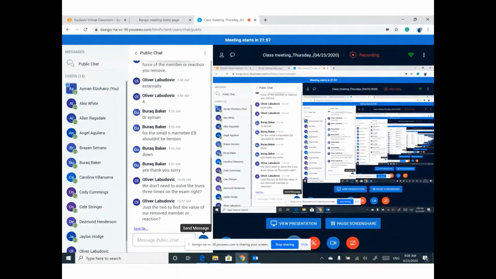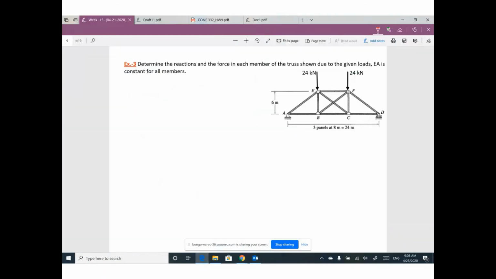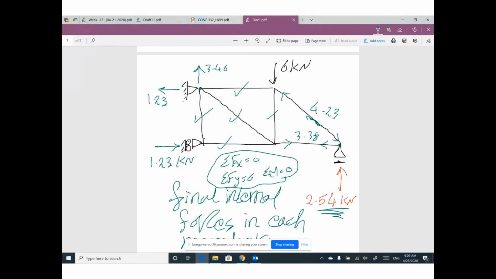No, no. You need to, because the problem asked to determine the force in each member. The problem didn't ask to get the value of the extra unknown. So to get the full credit for this problem, you need to solve your truss for the third time.